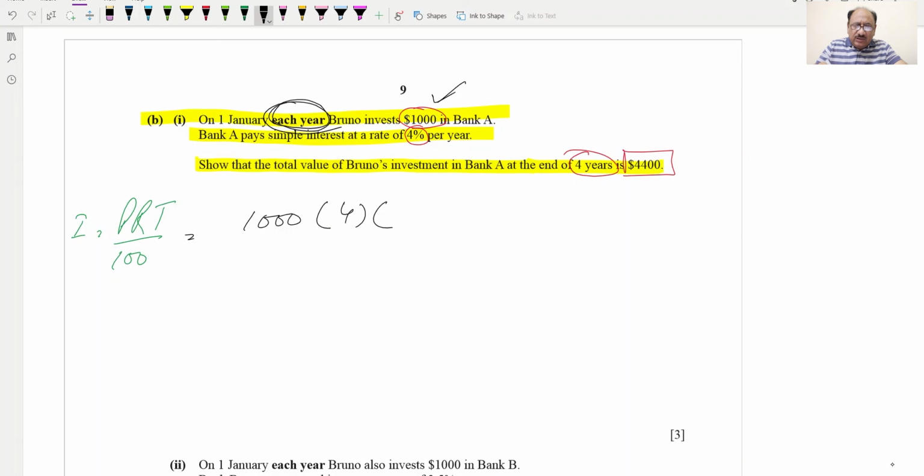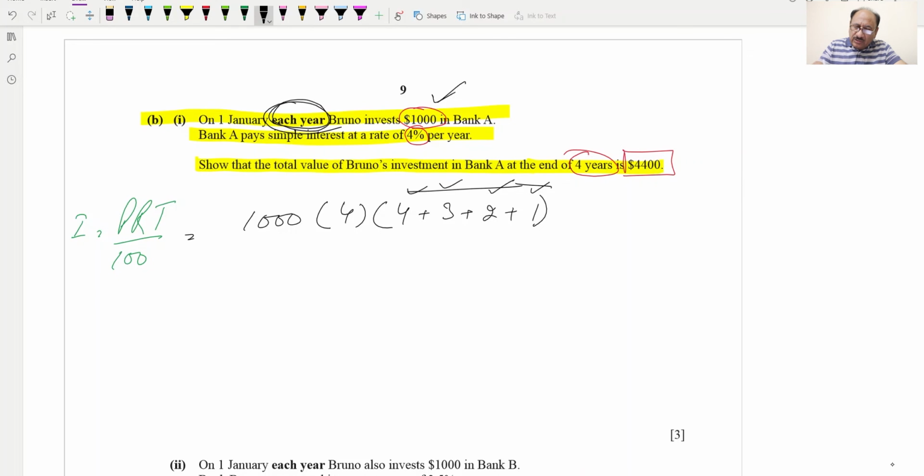So the first year it will be 1000, the second year it will be 2000, then 3000, then 4000. So we'll write 4 plus 3 plus 2 plus 1. This is the time duration which we'll be taking. For the first 1000 it will be 4 years, for the next 3, then 2, then 1 year.